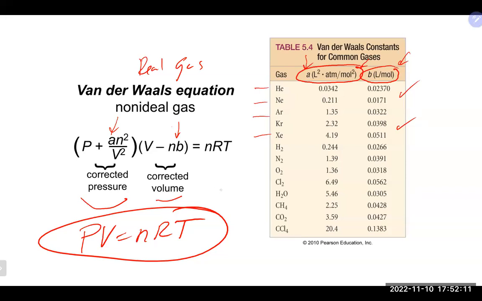Now, most of the time, we really don't deal with this, because under normal conditions we are in an ideal situation, and we can use the ideal gas law, which really is a more universal gas law, because it doesn't matter what gas you're dealing with, you can just put the values in there. Rather than in a real gas situation, where you have to go find the correct ones.